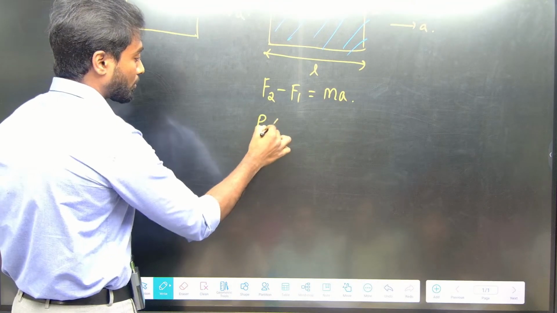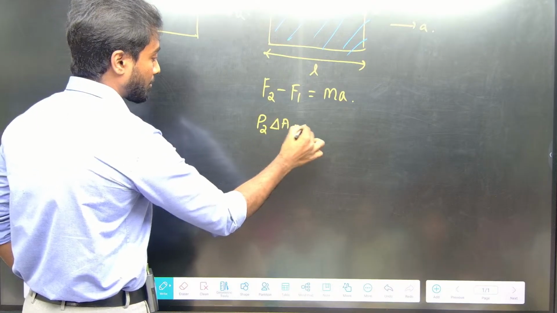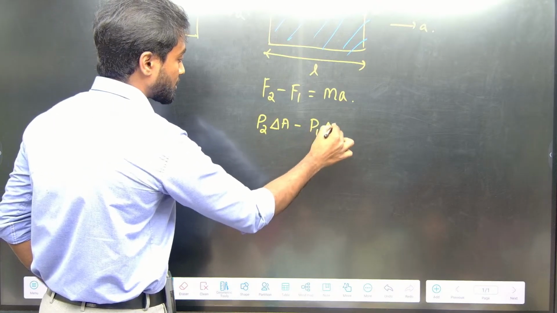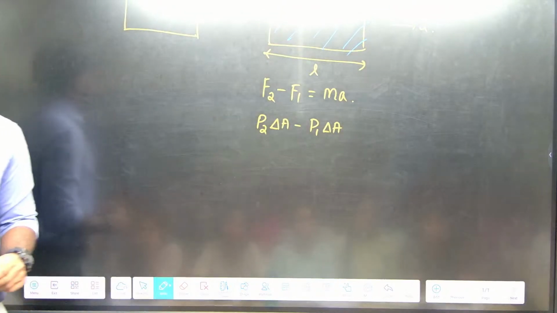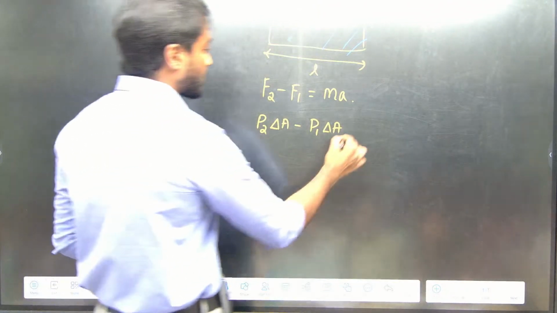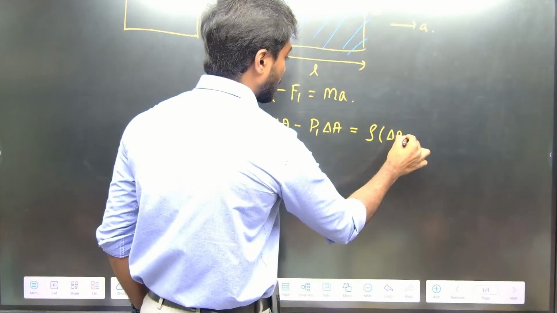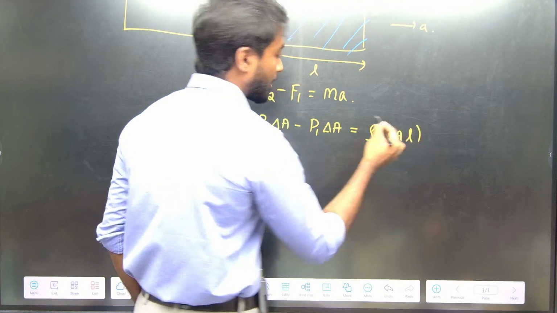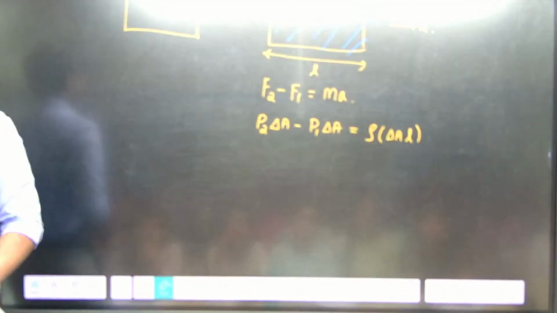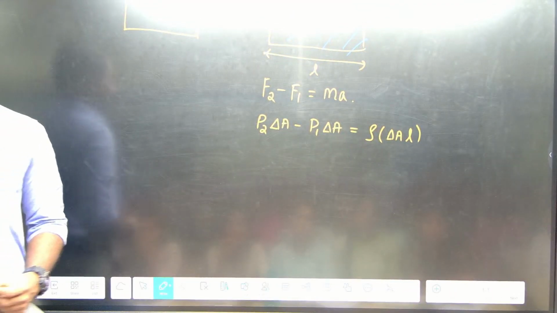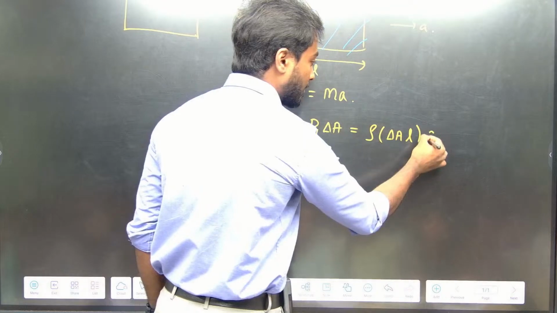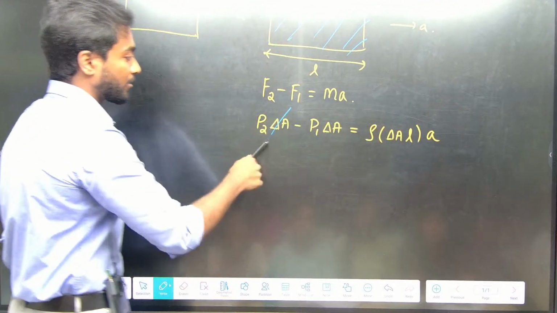Can I write pressure P2 times the change in area, minus pressure P1 times the change in area, should be equal to density into change in area into the length L, into acceleration A. Can I cancel this?